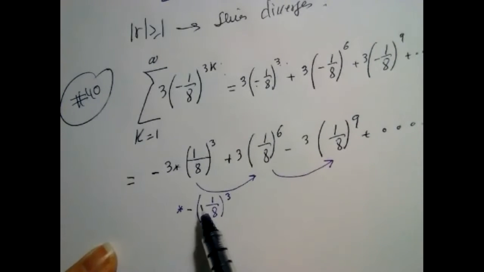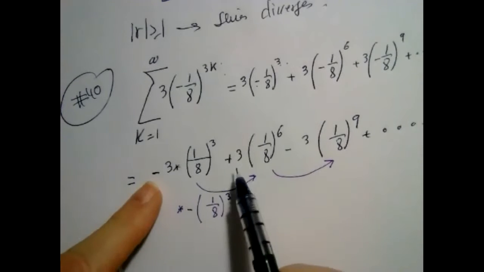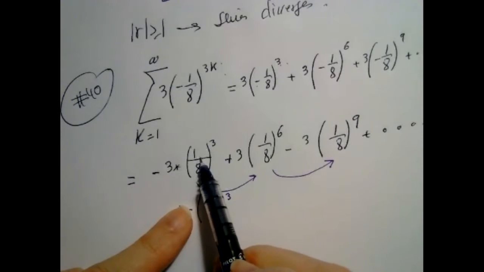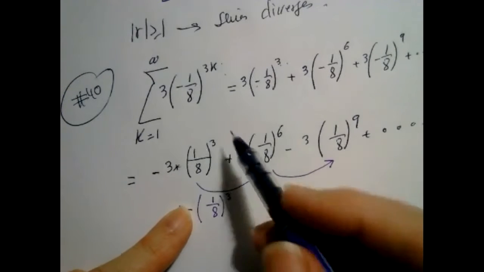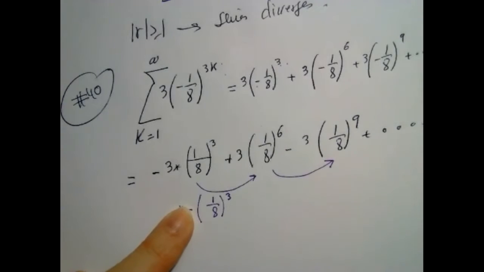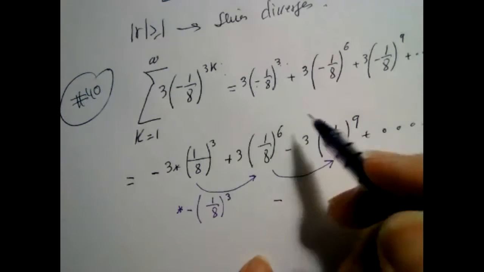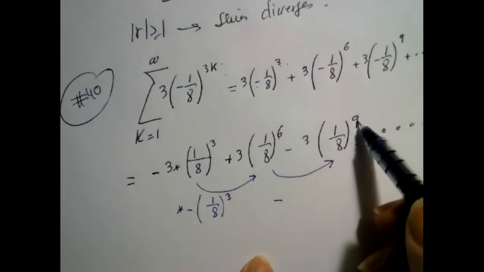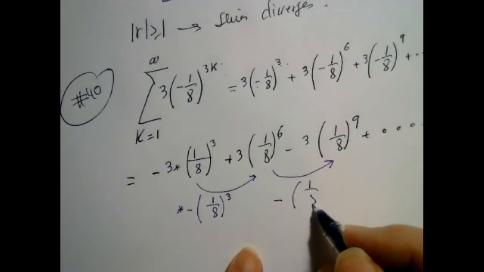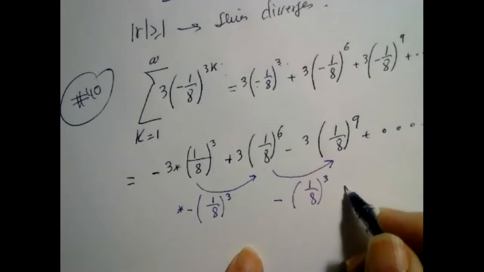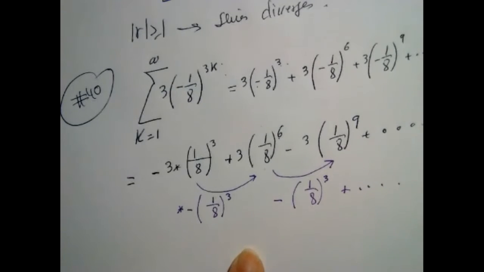From 1 over 8 to the power 3 to 1 over 8 to the power 6, we have to multiply by 1 over 8 to the power 3, and the negative sign flips the sign. The same goes here. To go from 1/8 to the 6 to 1/8 to the power 9, we're multiplying by the same thing, and so on and so forth. So that's my constant multiplier.